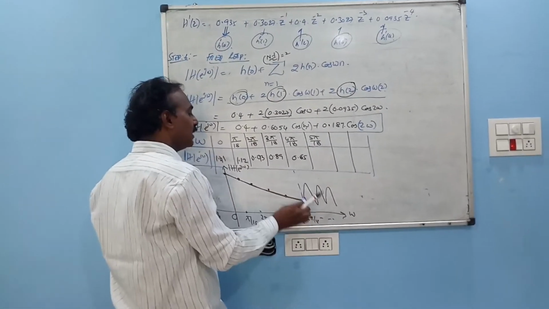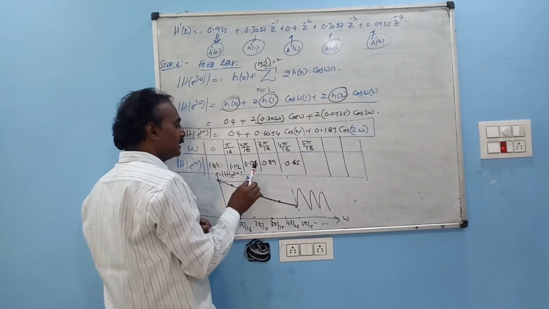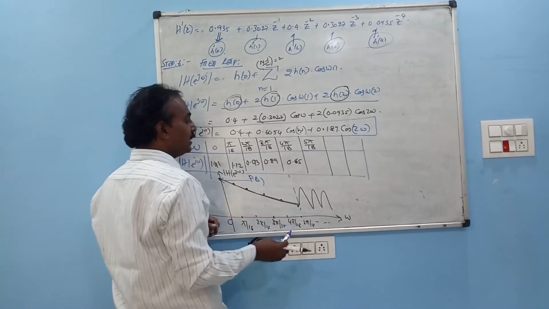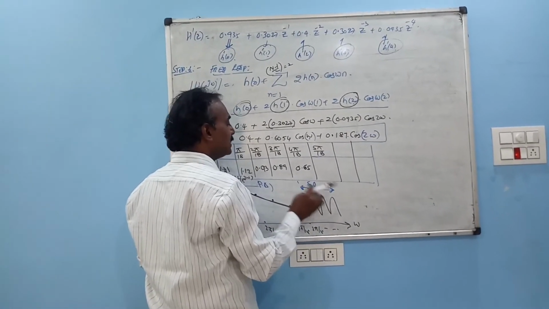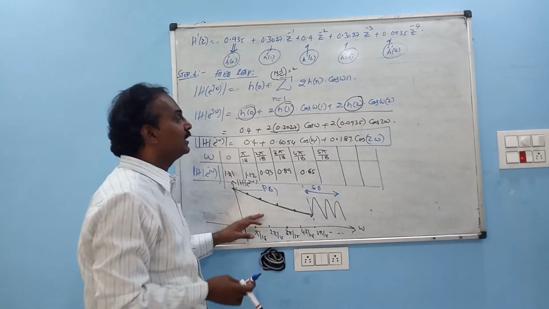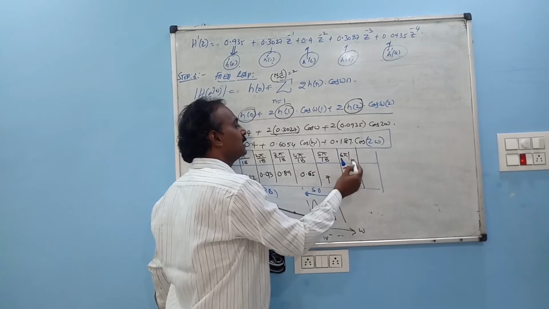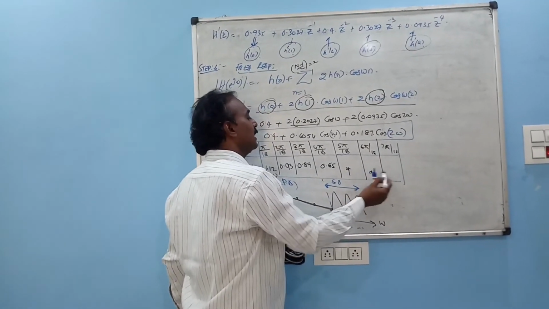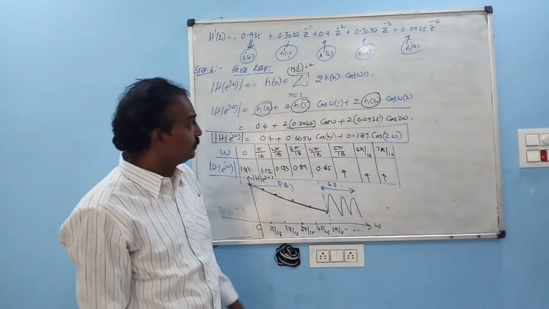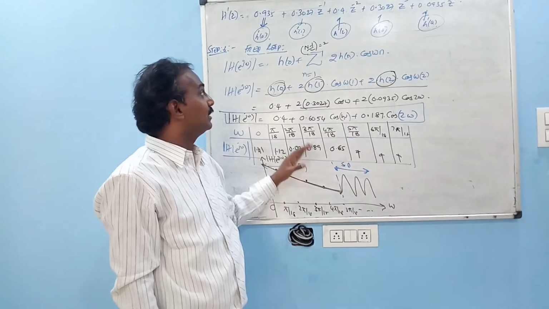You have to observe that this is in the pass band, and the ripples are happening in the stop band. This is the observation of the graph. You can take these values, write them down and plot. Fine. So this is the way of solving a problem.